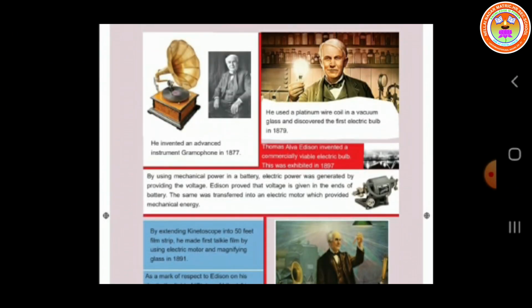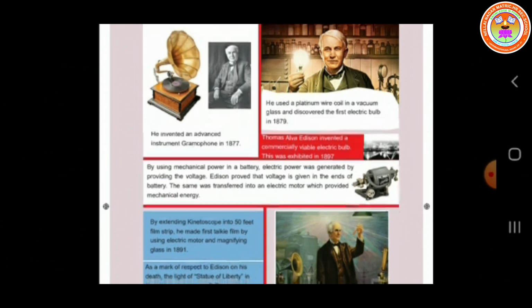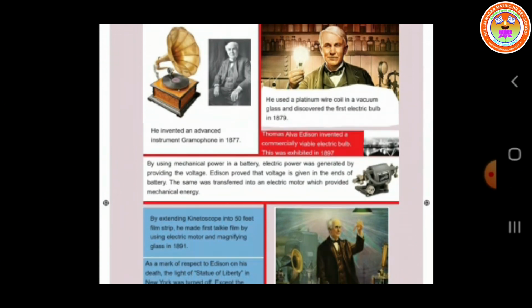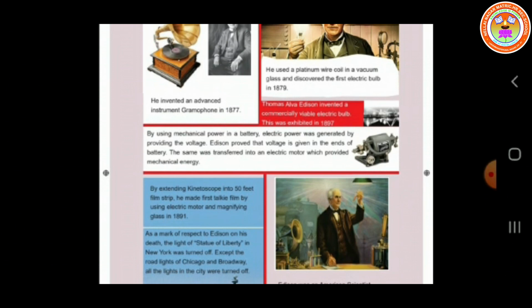The picture shows the gramophone, students. He used a platinum wire coil in a vacuum glass and discovered the first electric bulb in 1879. Thomas Alva Edison invented a commercially viable electric bulb. This was exhibited later, as I told you.